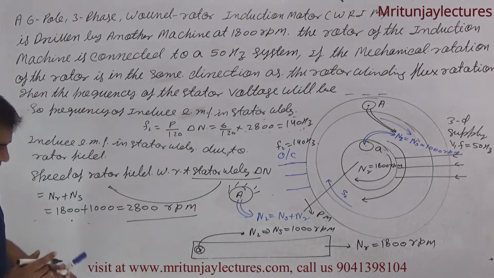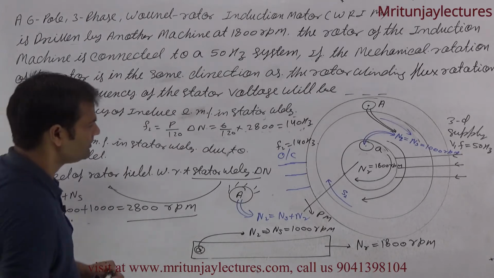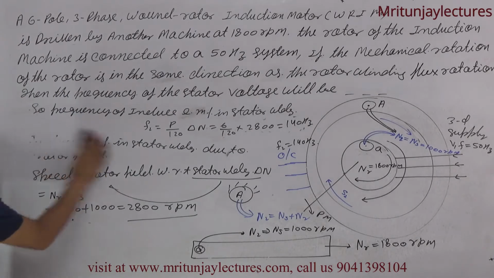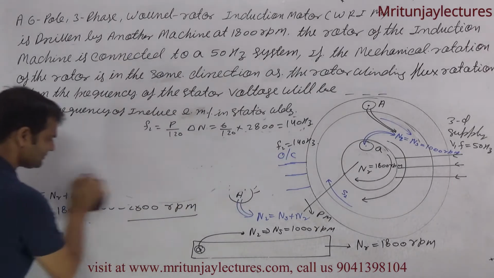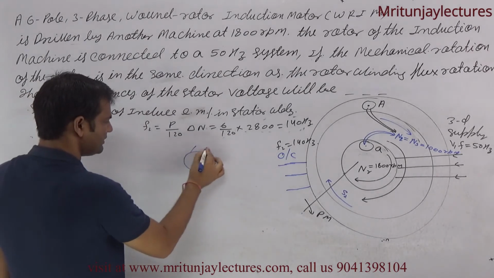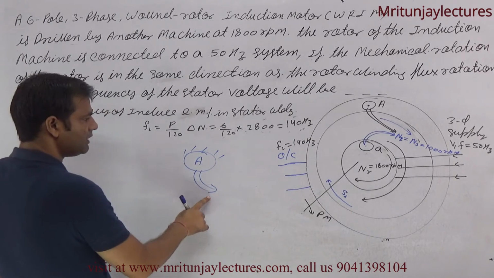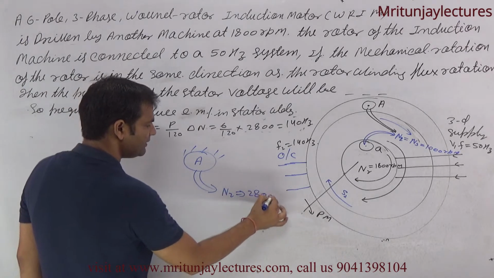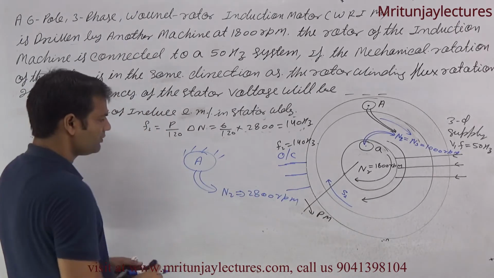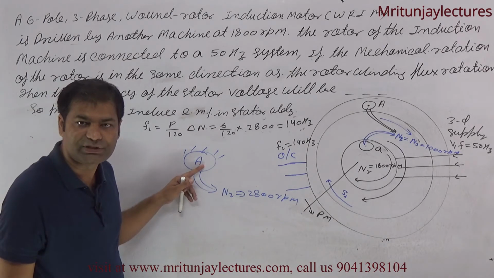Now, with the stator as A and rotor field N2 at 1800 rpm, N2 is the speed with respect to stator winding.